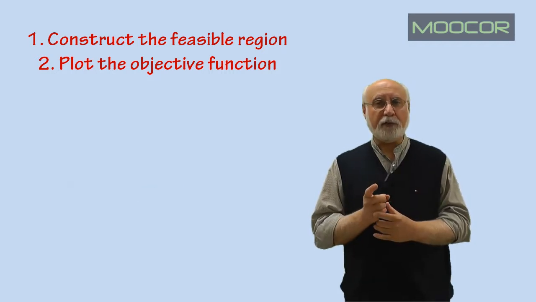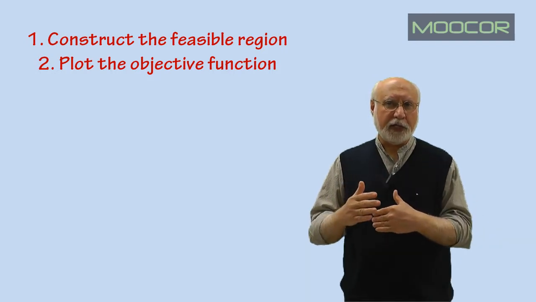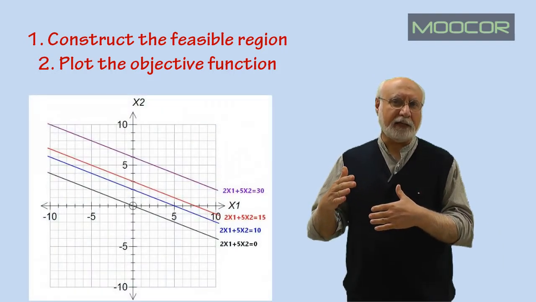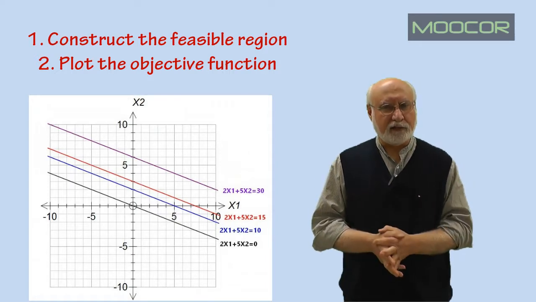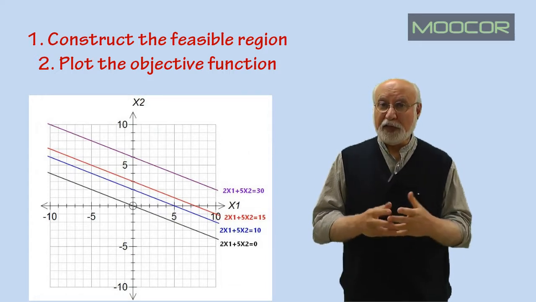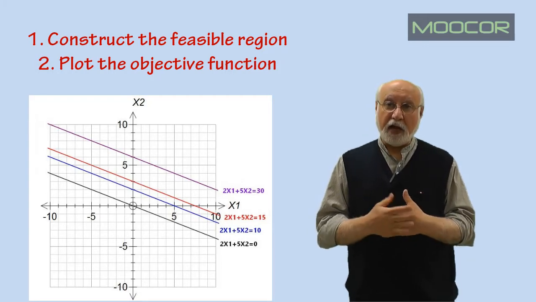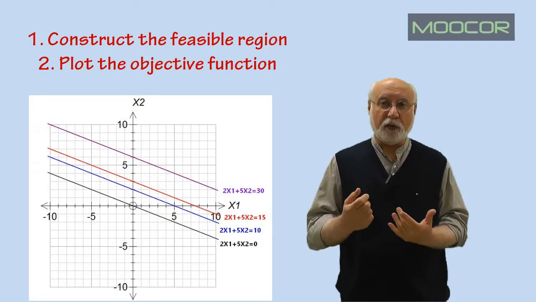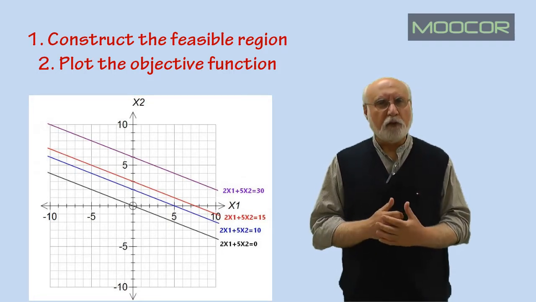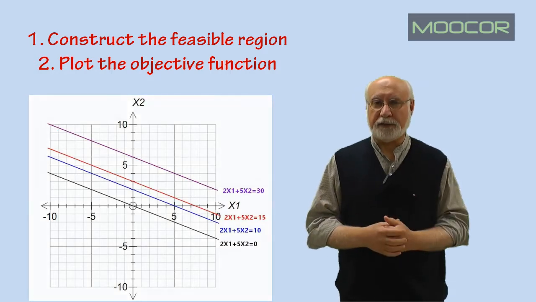In Topic 1, we talked about the lines which are parallel to each other, and the only values that need to be changed is the right-hand side of the equation. So we need to find, if we move this line parallel to itself in one direction or the opposite direction, would the value of objective function increase or decrease?